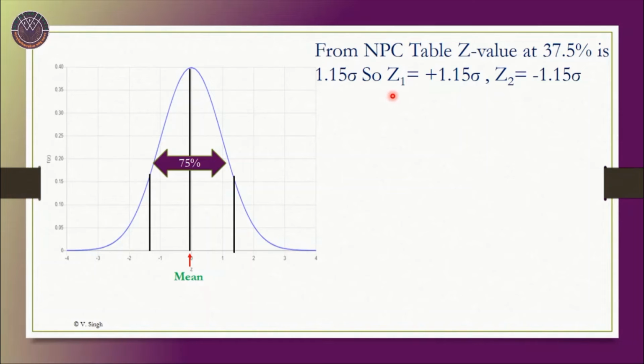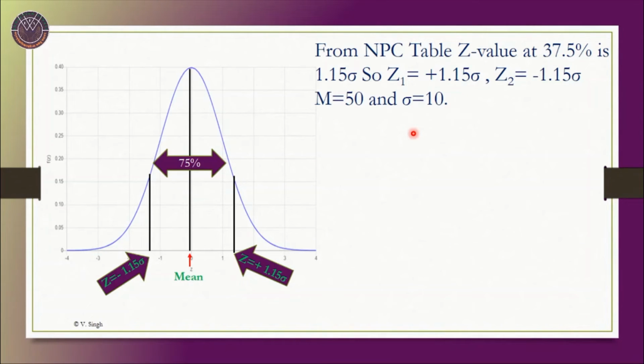So Z1 will be plus 1.15 sigma and Z2 will be minus 1.15 sigma, because 37.5% cases are lying on both sides, in the right hand side and in the left hand side. This point is plus 1.15 sigma and the other point is minus 1.15 sigma. So we have got two Z score values.